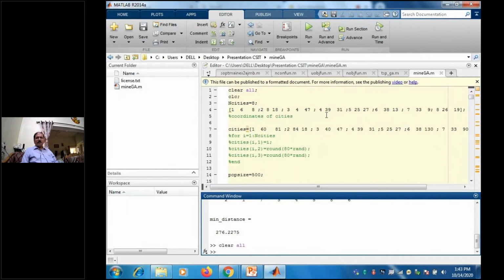Our objective is to find the best combination of the tour so that the Euclidean distance traveled will be minimized.